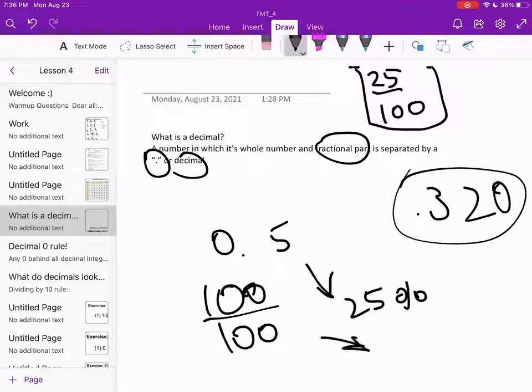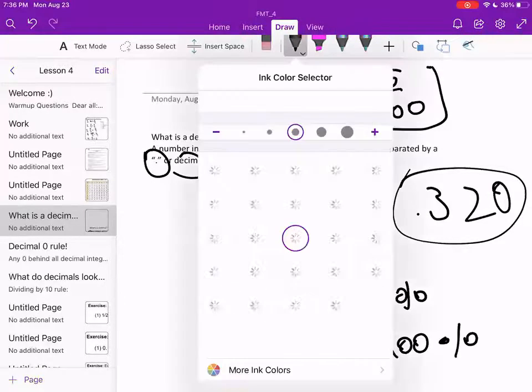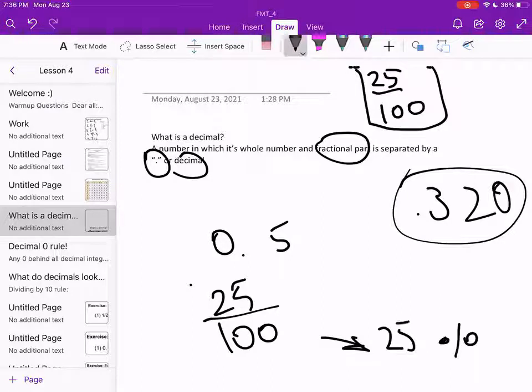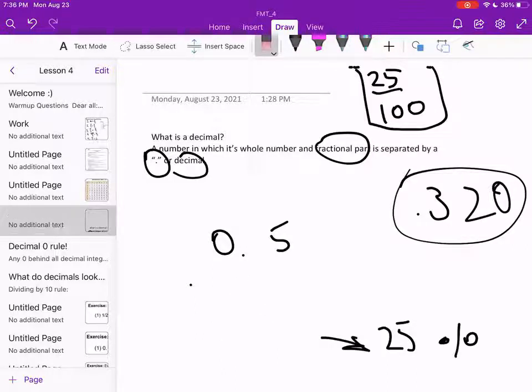That'd be called 100%, correct? So similarly, if I have 25 out of 100, that would be 25%. You'll learn about that logic in the future, but for now, you don't have to really touch on that. Today, I'm just going to talk about how decimals and fractions relate.